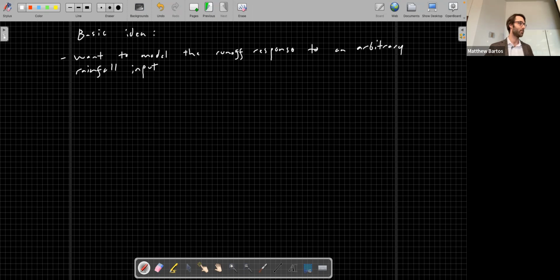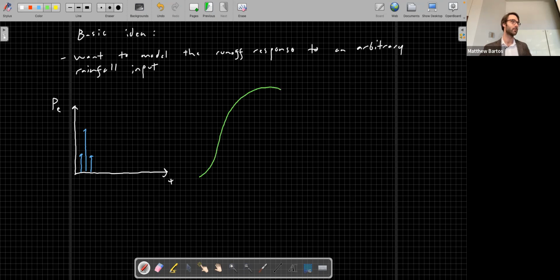Okay, so let's say we have our plot of rainfall here. Let's say it's PE, our excess precipitation. Maybe it looks something like this. From our alternating block method, we have a very sharp peak in the middle. That's what our rainfall looks like. And we have some watershed. The rainfall is falling over this watershed. For now, we're just going to assume it falls uniformly over the watershed.